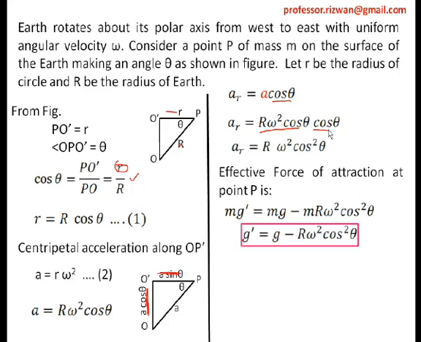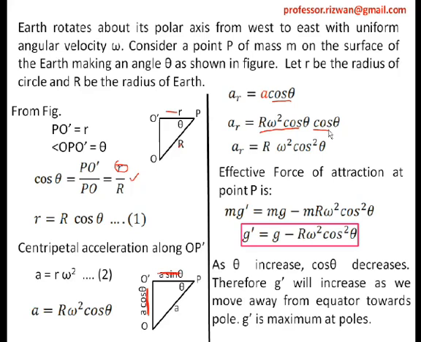This is actually the gravitational acceleration due to change in the latitude, due to change in the angle theta. Now as theta increases, cos theta decreases. As we know, cos theta can have a value from minus 1 to plus 1.